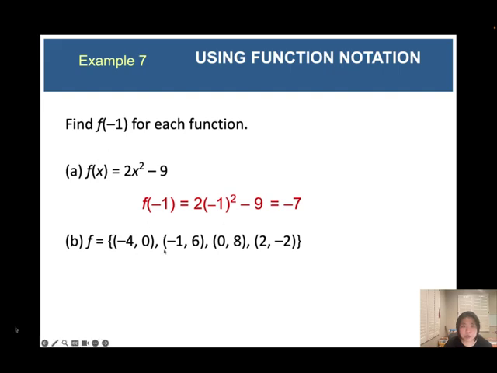Okay, how about b? You're going to say, hey, there's no x here, right? Remember, f of -1 means x equal to -1. Look at these four ordered pairs. Which one has x equal to -1? That will be this guy. Alright? So the output will be equal to 6.